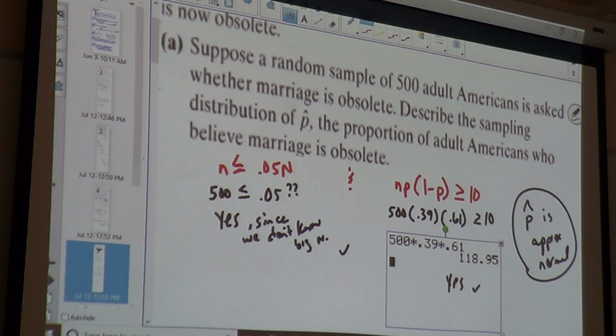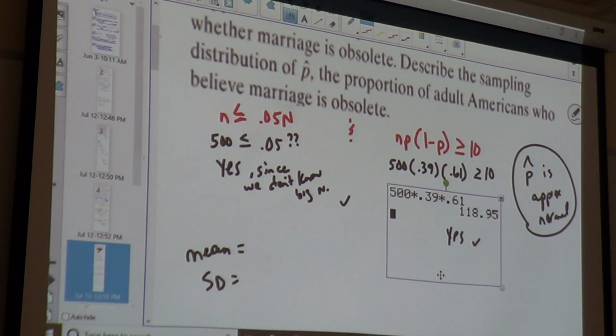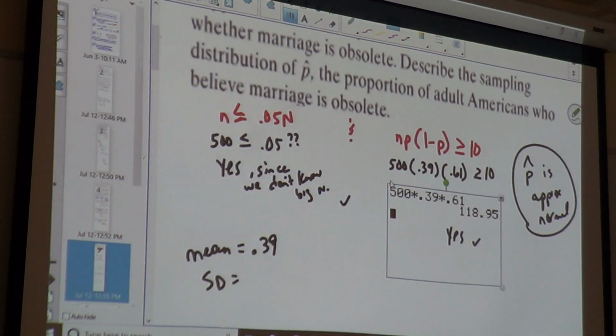So that was the first part. Because it's approximately normal, we need to know what the mean and the standard deviation are. So what is our mean going to be? 0.39. If I come back up here, my mean is going to be the 0.39. The 0.61 was our not. How do we get our standard deviation?